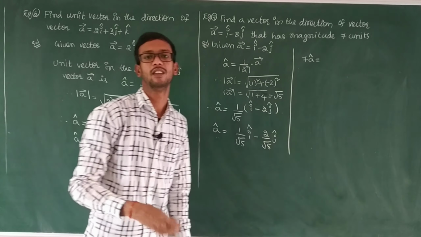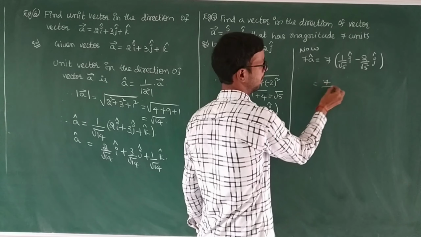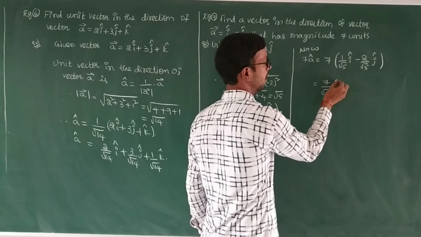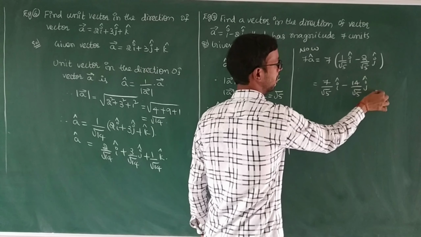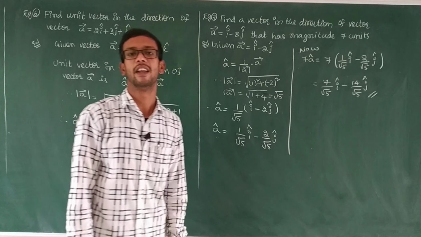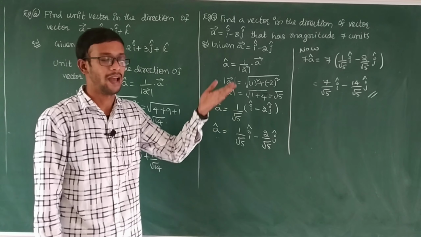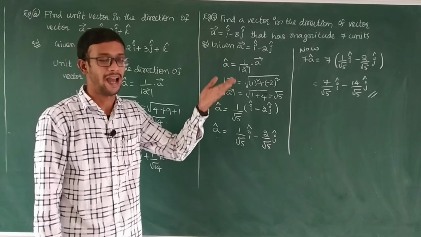Simplifying, you can write 7 by root 5 i cap minus 14 by root 5 j cap. This is the required vector of magnitude 7 units in the direction of the given vector A bar.